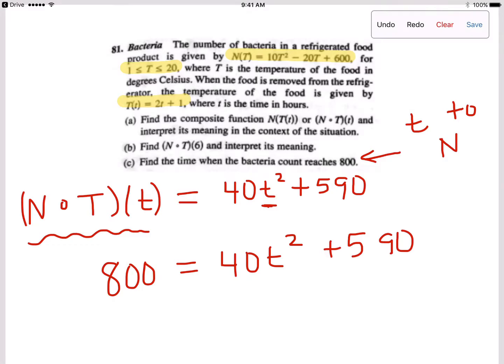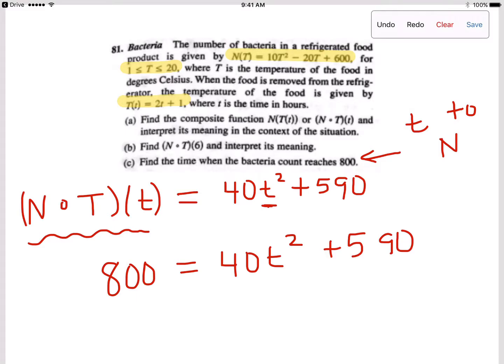A couple ways you can do this. By hand, you could subtract 590 from both sides. You could divide by 40 and take the square root of both sides. That would generate two solutions, one positive, one negative, which you would only keep the positive solution because time can only be positive.